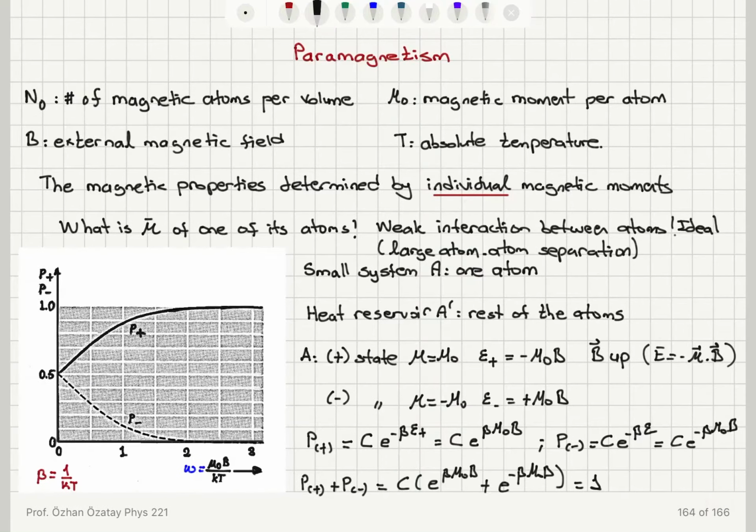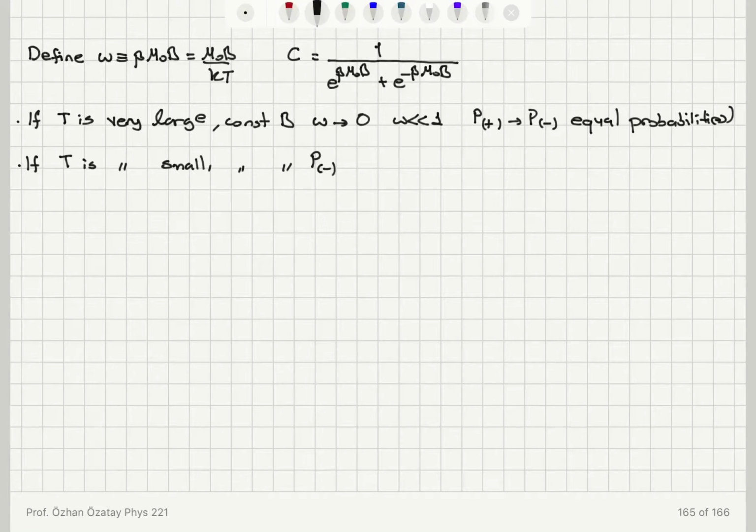As omega goes to infinity, the probability of the minus state goes to 0. The probability of the plus state will go to 1, and we will have a mean moment of mu 0. It's going to be pointing up.